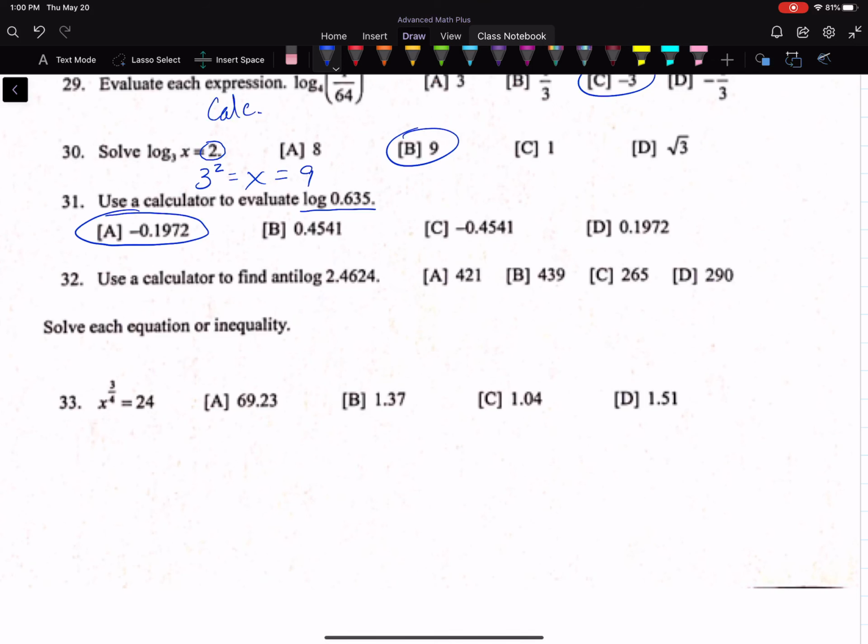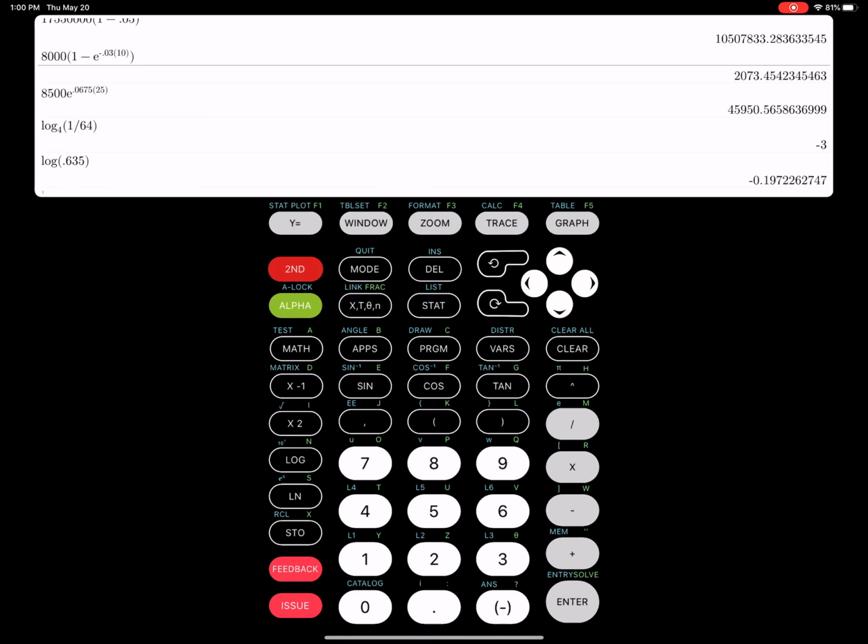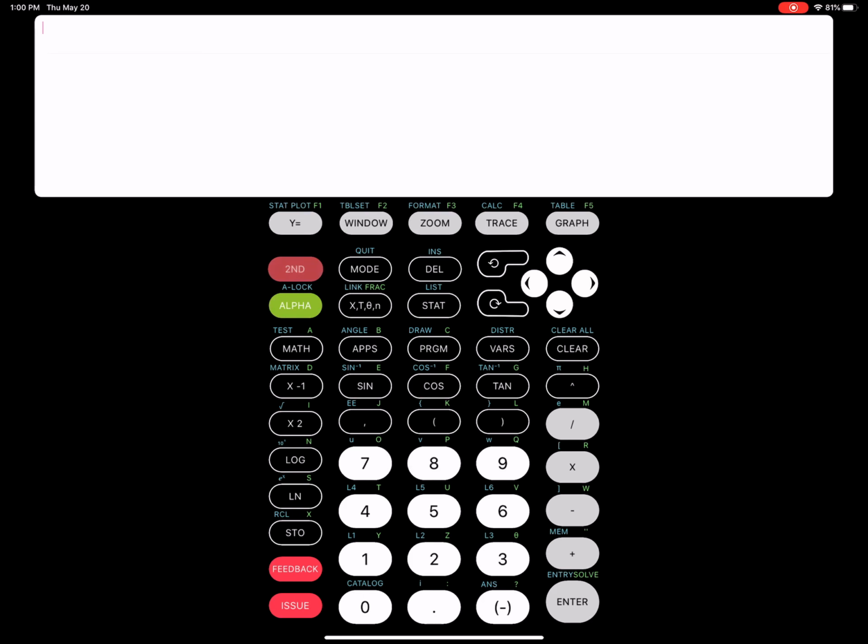For 32, I'm also using a calculator. This time I'm doing the what? Anti-log, which just means you hit what before log? Second log. So second log of 2.4624.